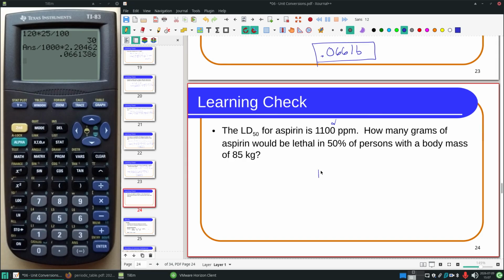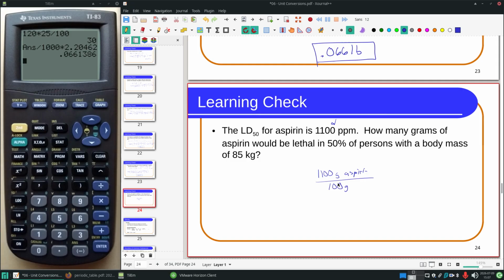So 1100 is like saying 1100 grams of aspirin compared to 100 grams of a person. Actually, no, I got something wrong there.